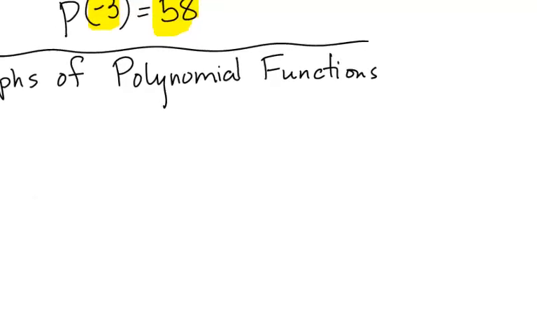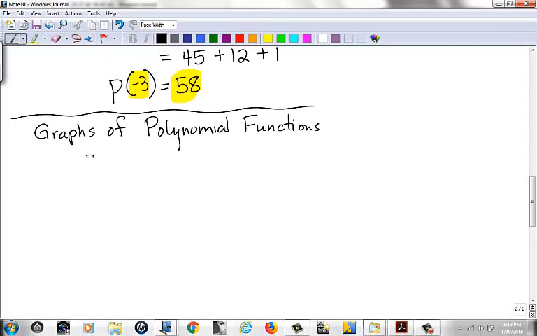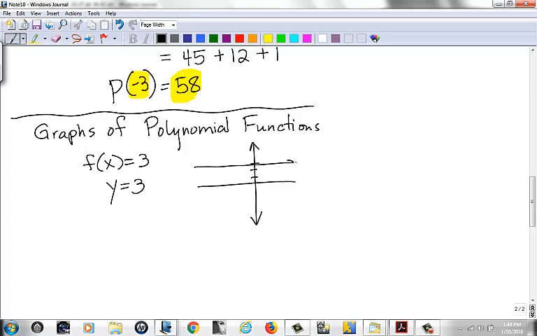Okay. If they gave you a function f of x equals 3, okay, that's the same thing as y equals 3. What's that going to graph? Y equals a number, horizontal line, right? So that would graph a horizontal line at y equals 3.